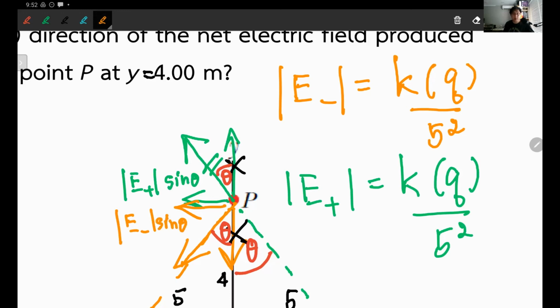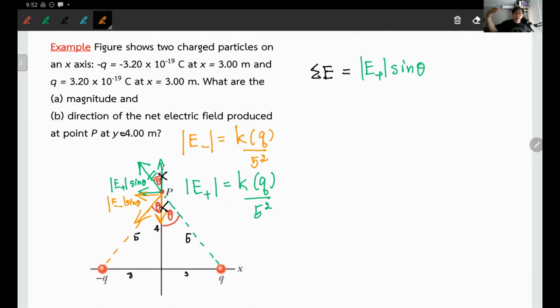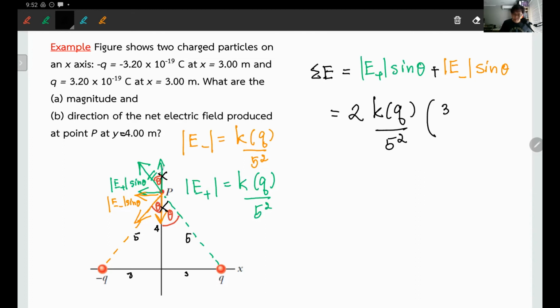Here we go. So you get two horizontal components that you want to add together. That will be E negative sine theta. Everything is good because the magnitudes are the same. So it's going to be twice K times Q over 5 squared times sine theta. Sine theta is the opposite over hypotenuse, so it's going to be 3 over 5.